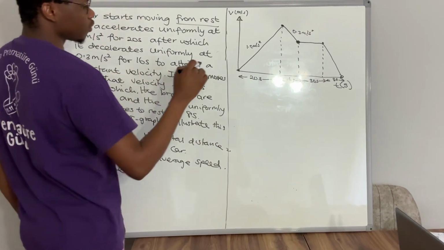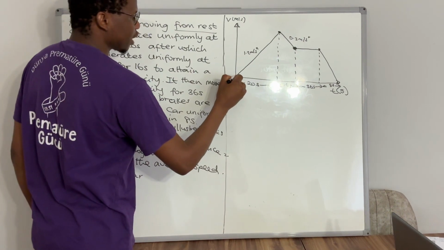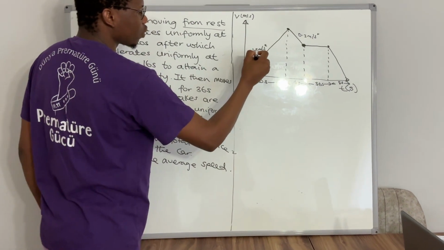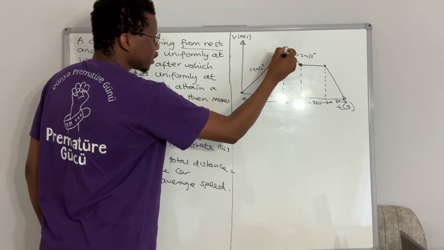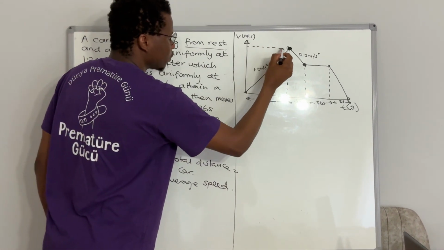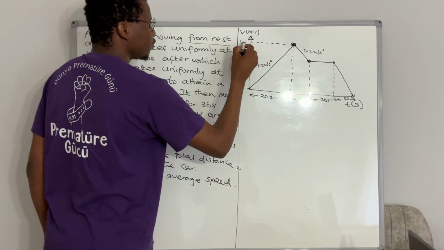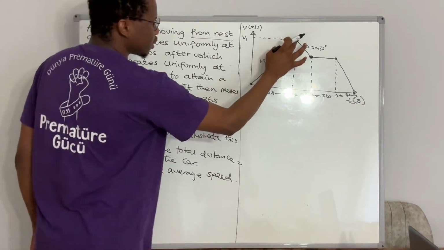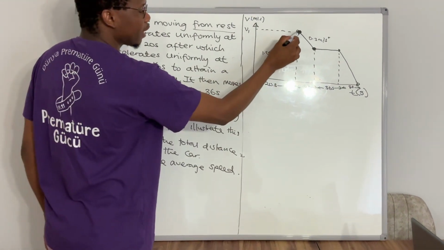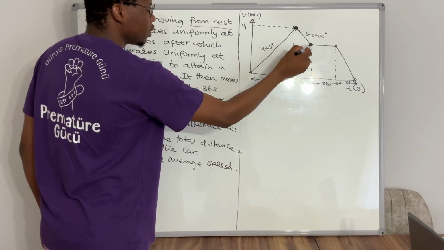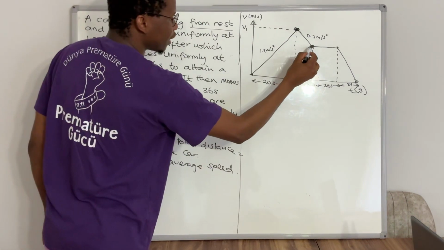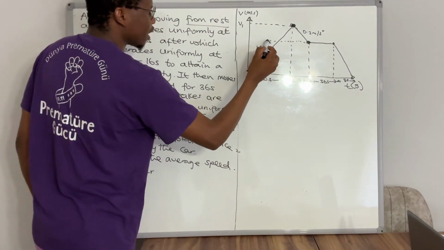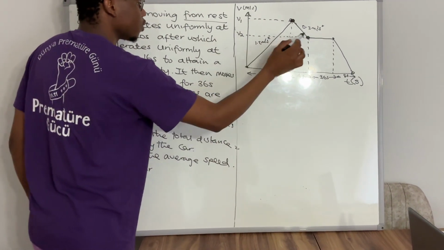Just to summarize overall, the car starts from rest, accelerates uniformly at 1.2 meters per second squared to attain a velocity, okay? So that was a higher velocity. Let's call it V1, because that's the first instance. Then from here, the car decelerates uniformly to attain a lower speed, and we can call that V2, all right?